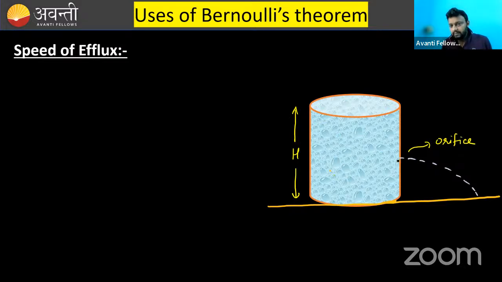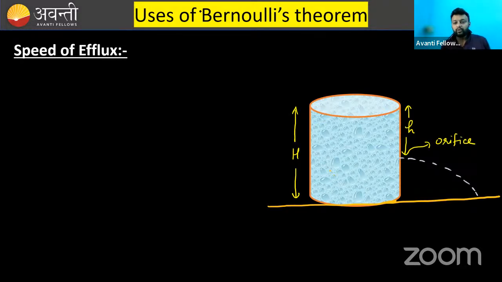So a small orifice is made at a depth small h from the surface of the liquid. Mark my word, this height small h is taken from the top surface of the liquid. Clear?